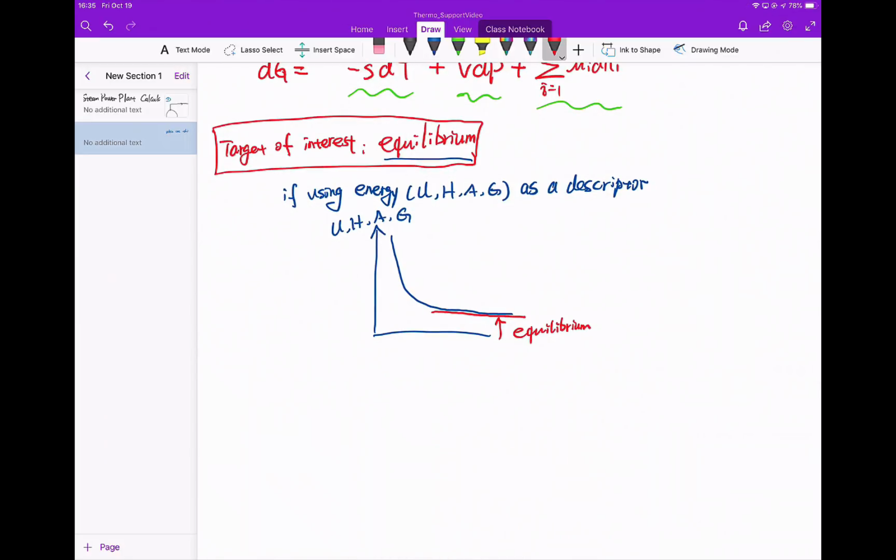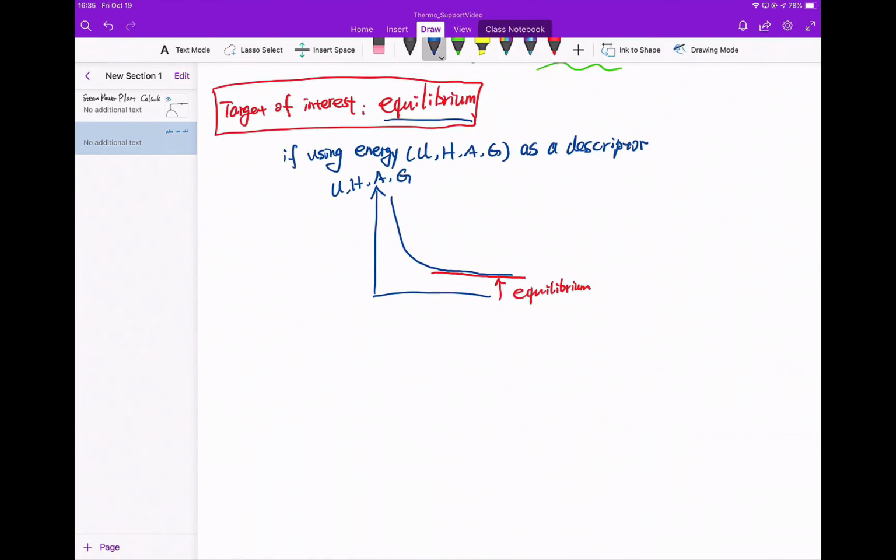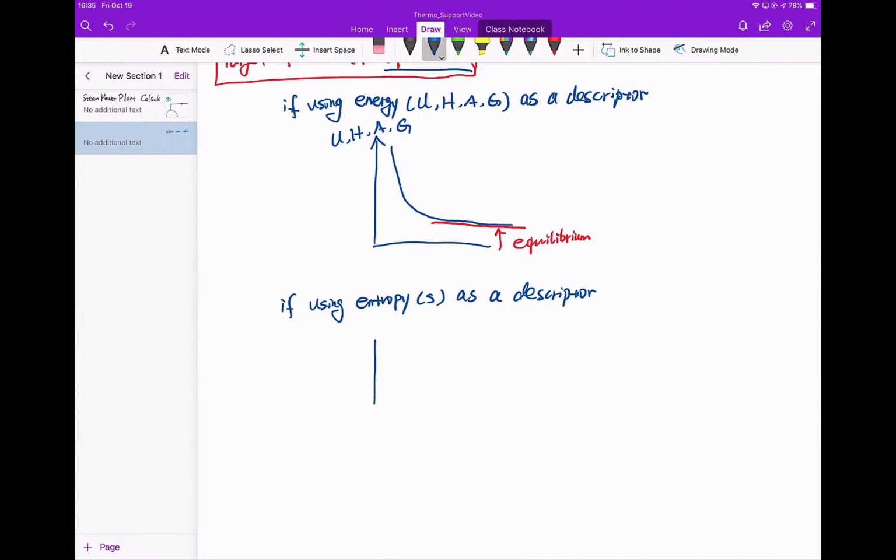This is the first choice we could have. The other is if using entropy as a descriptor of the system status, whether it's at equilibrium or not, then we understand from the previous discussion that we would expect entropy will be increasing till not changing.